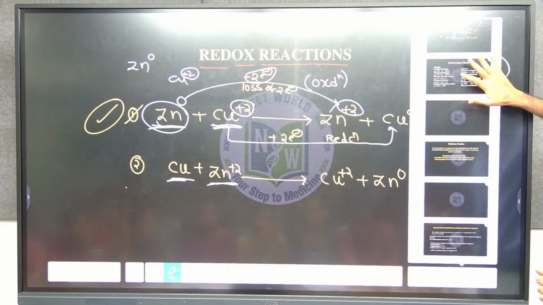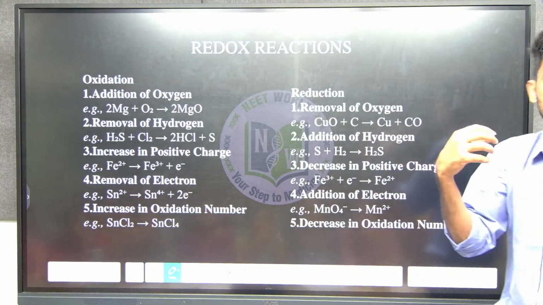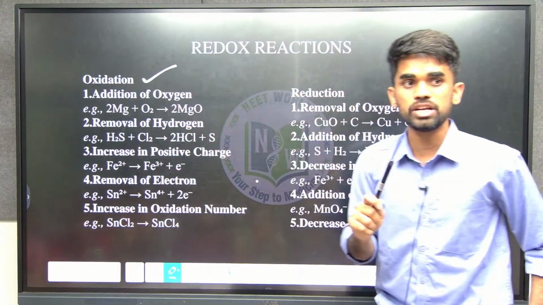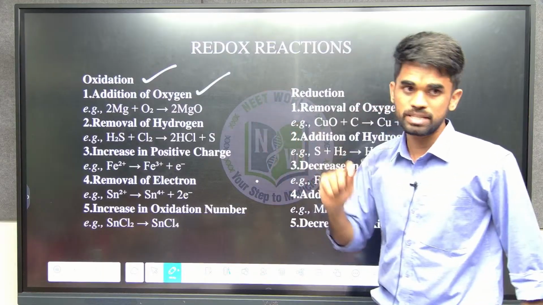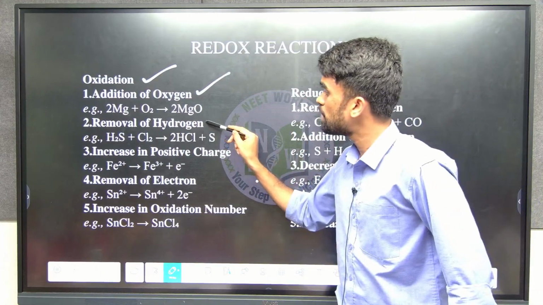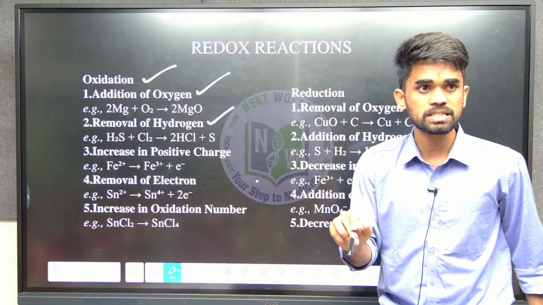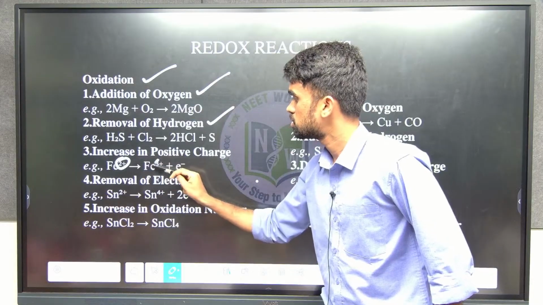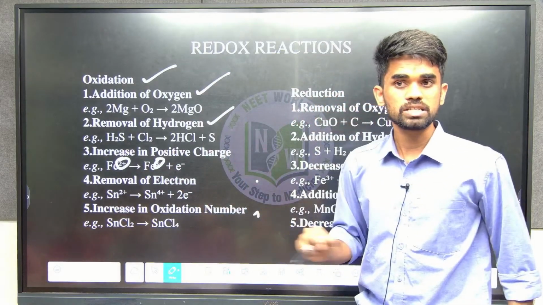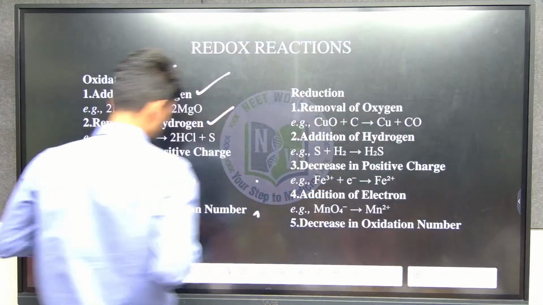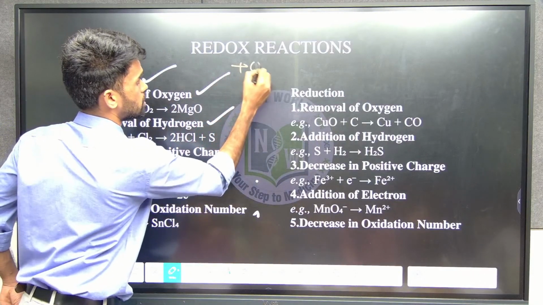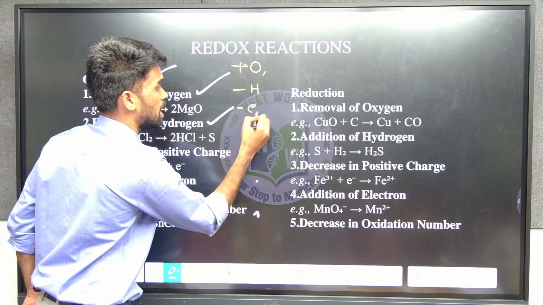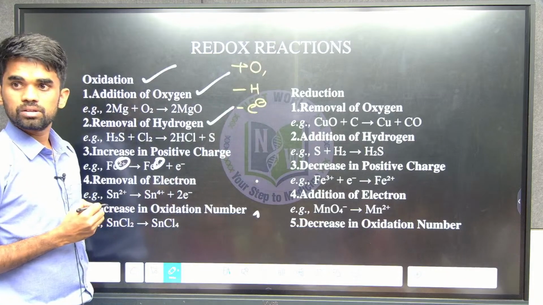Next, what are the ways we can define oxidation and reduction? When I say oxidation, it means addition of oxygen, or removal of hydrogen, or an increment in positive charge.